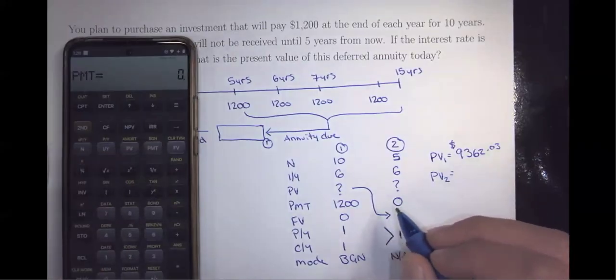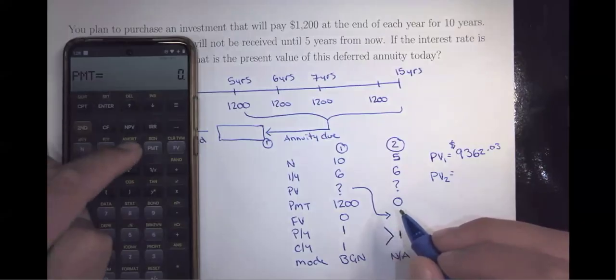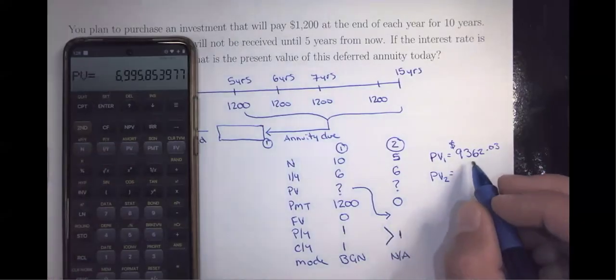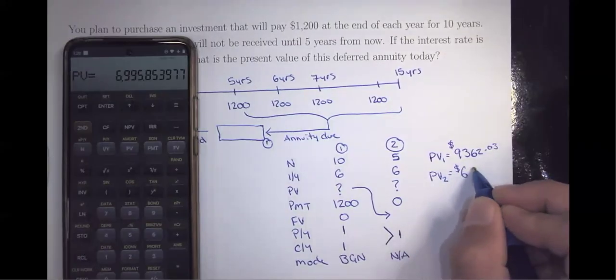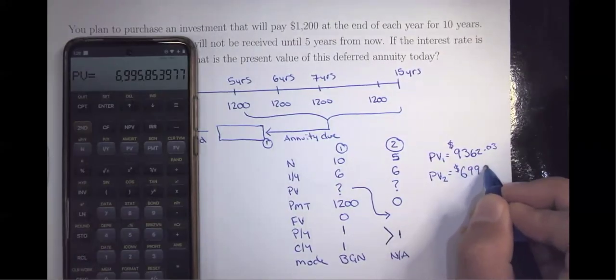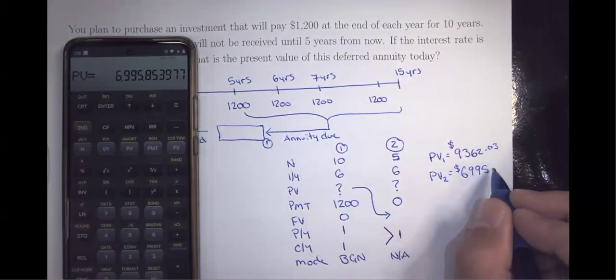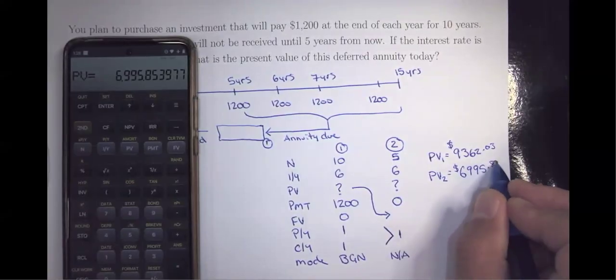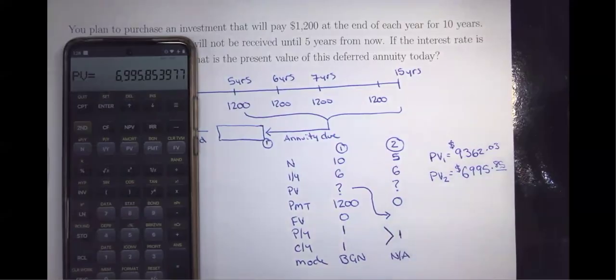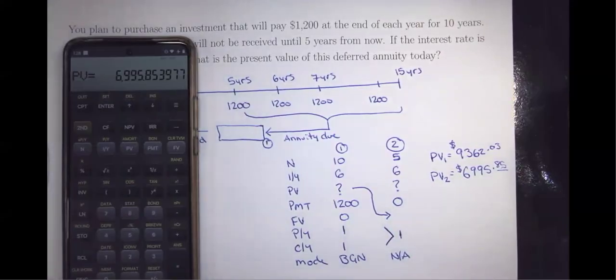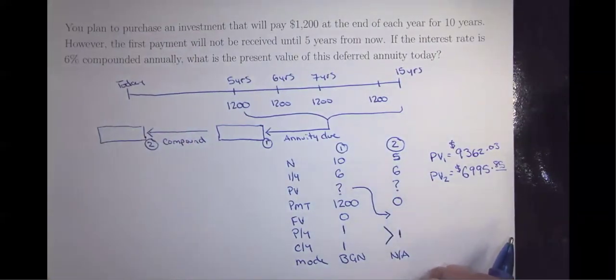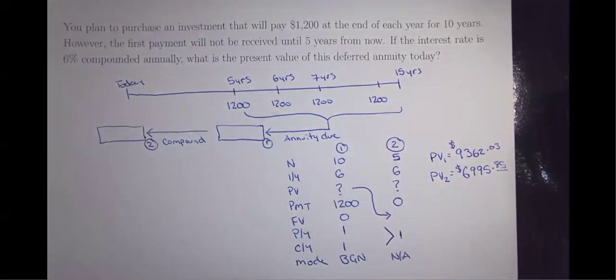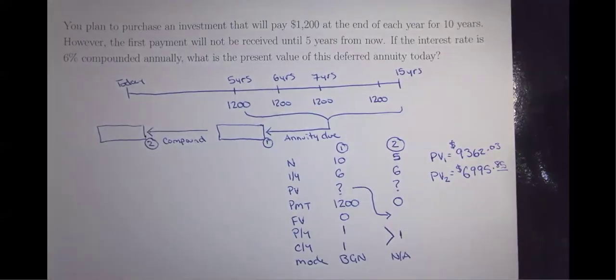I've got to change my payment here too. I have my PV2 equal to $6,995.85. Now I almost messed that up by not changing my payment over. So make sure that you get all of those changes incorporated into your calculation.